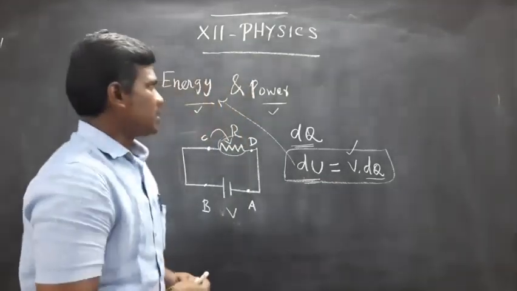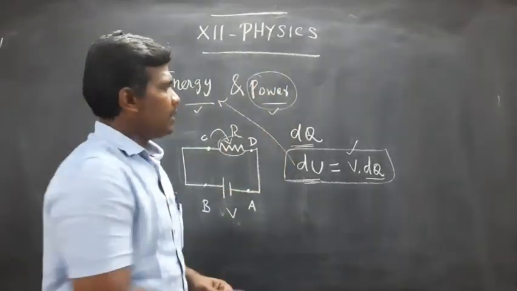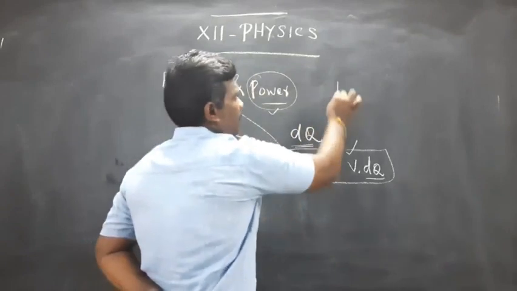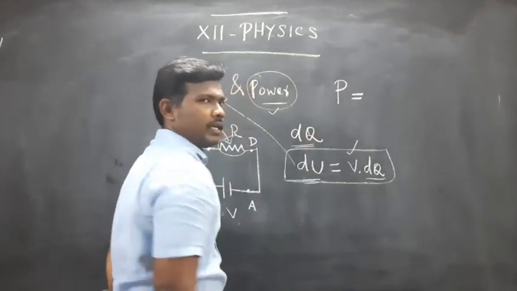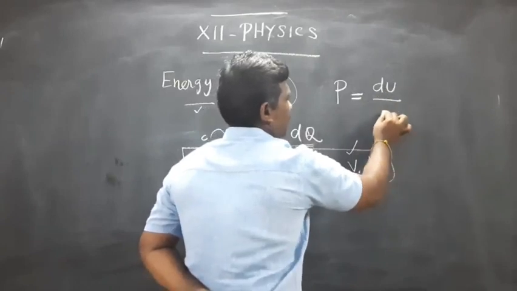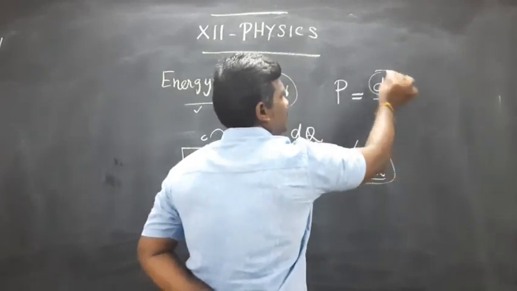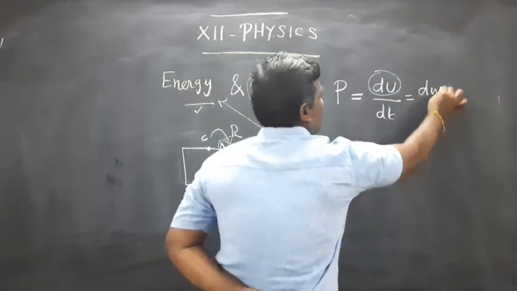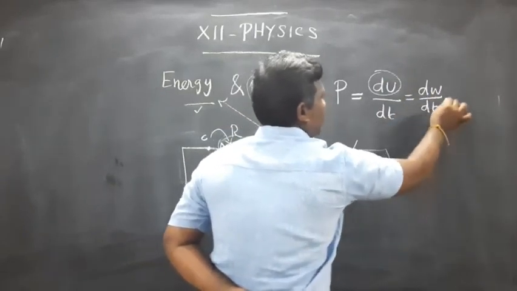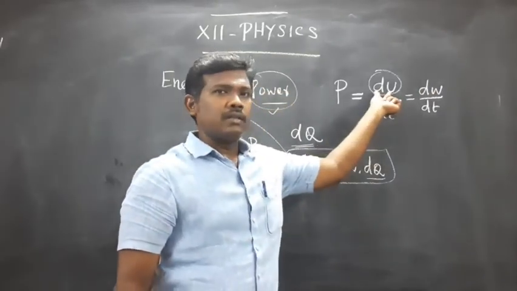Next we are going to calculate the power. Power is denoted by the letter P. Power is equal to dU divided by dt. Sometimes we use the notation dW divided by dt. What is this?